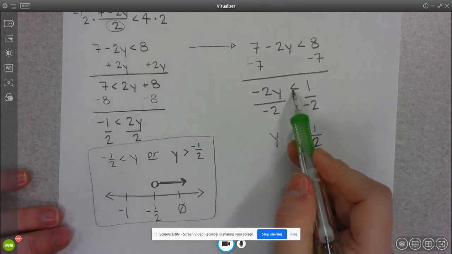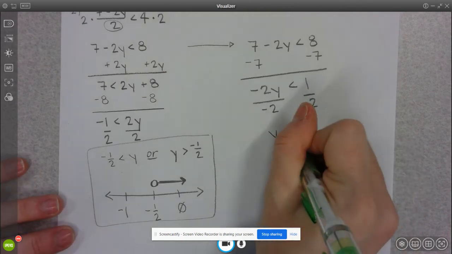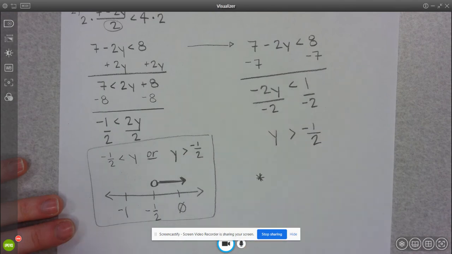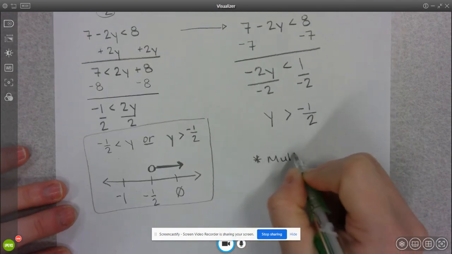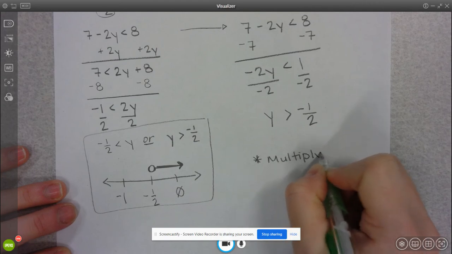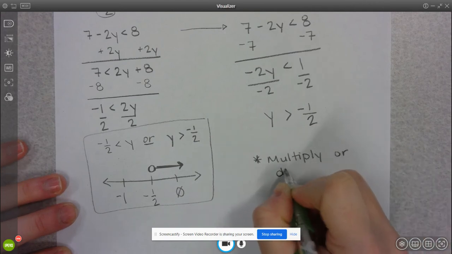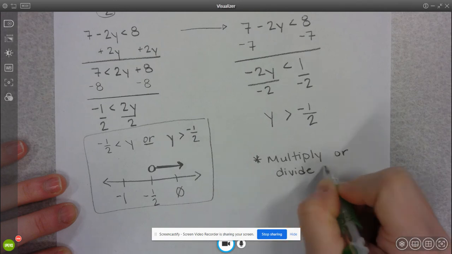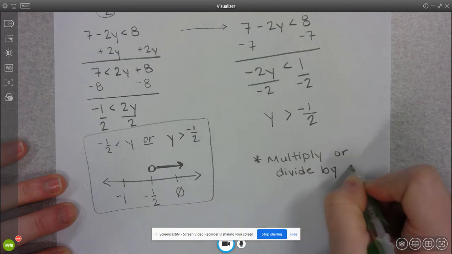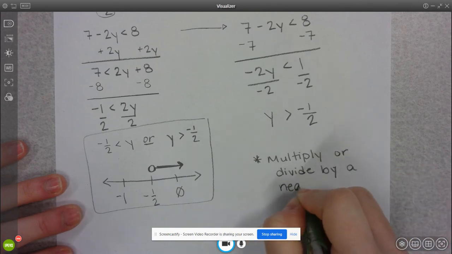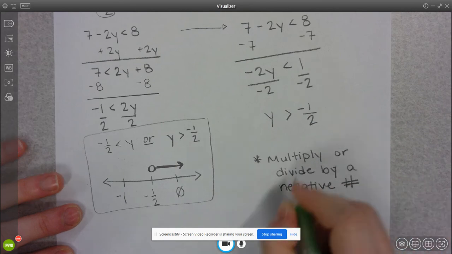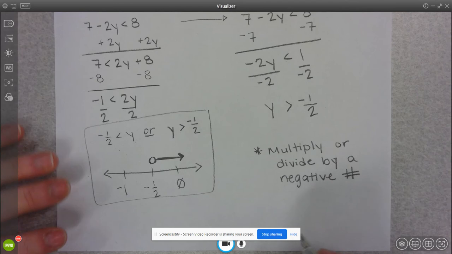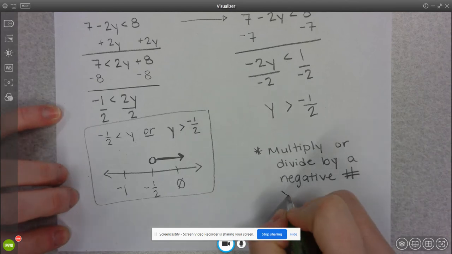So one thing that's really important to remember, if you multiply or divide by a negative number, you have to switch the inequality sign.